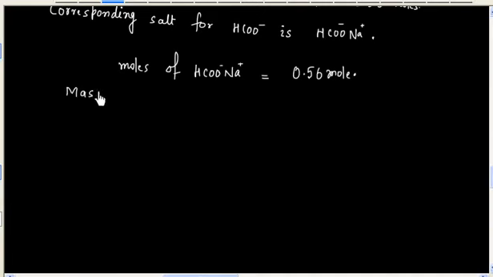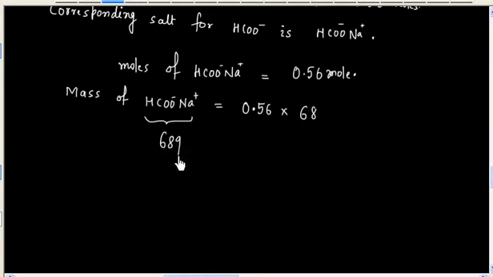Now we can calculate mass of sodium formate, that is moles into molecular weight. Molecular weight for sodium formate is 68 gram per mole. So we can multiply by 68 and this value is 38 gram.